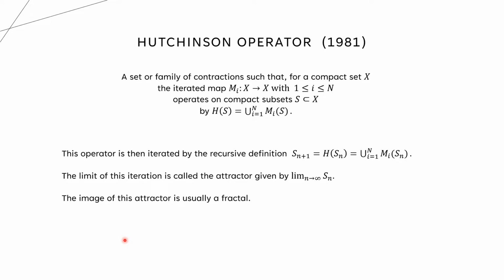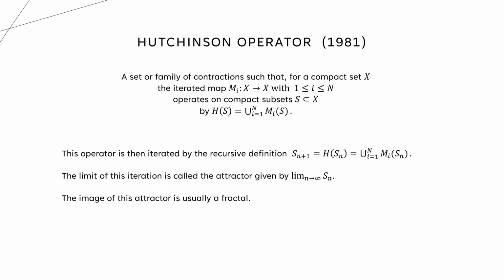We have a set or family of contractions, this whole group of contractions that we just talked about. It's going to be for a compact set X. So you have to have a compact set.